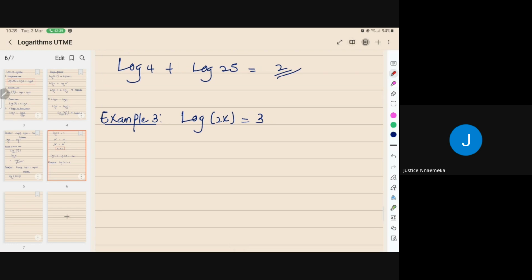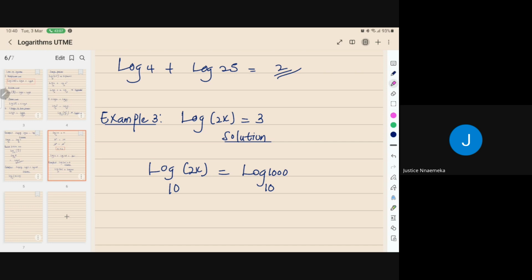So look at what else I can do, right? Let's say we simplify this. So solution: instead of breaking it, we can introduce something. We'll have log 10 here, in bracket 2x, is equal to 3, which is something like saying log 10 of 1000.